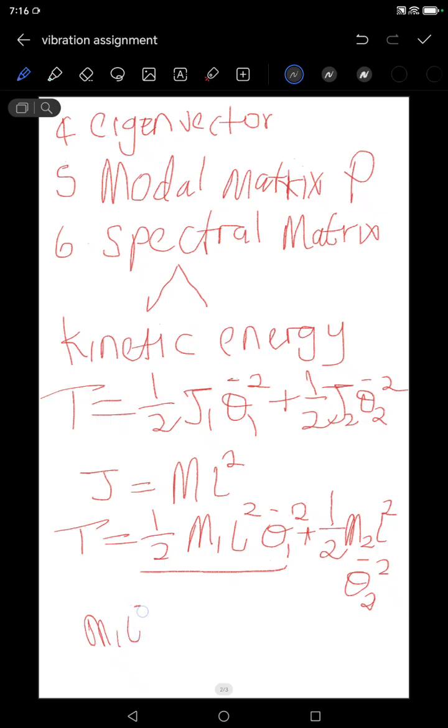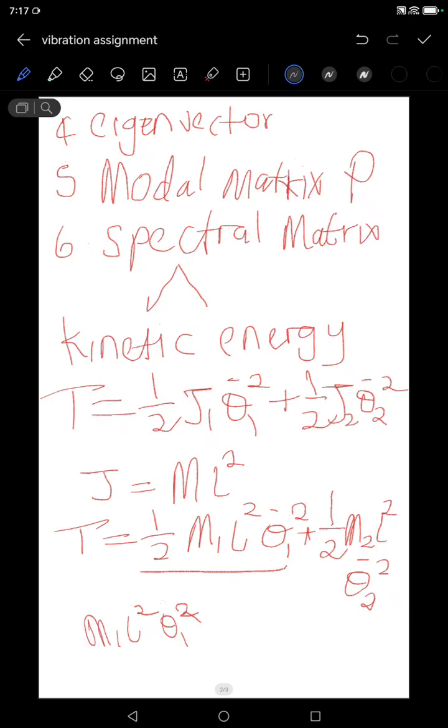m1 l squared theta dot squared 1. Okay, we're going to be left with something like this when we derivate for theta 1. And then when we derivate for theta 2, we're still going to be left with the same thing, but with theta 2.